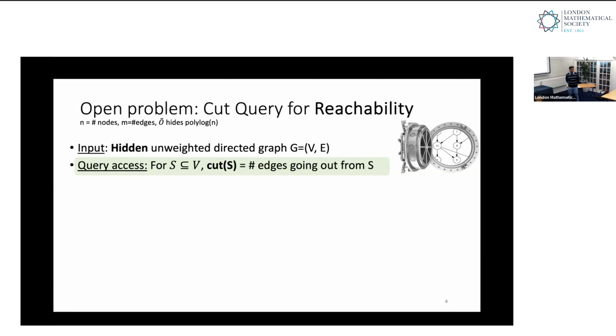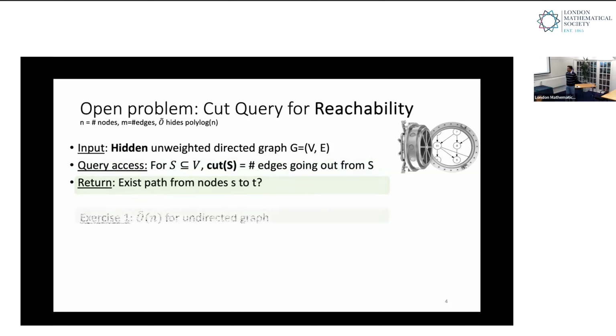It might seem like a weird query model, but I will try to motivate it throughout. Given two special vertices, S and T, source and sink, I want to know whether there is a path from S to T, or whether T is reachable from S.